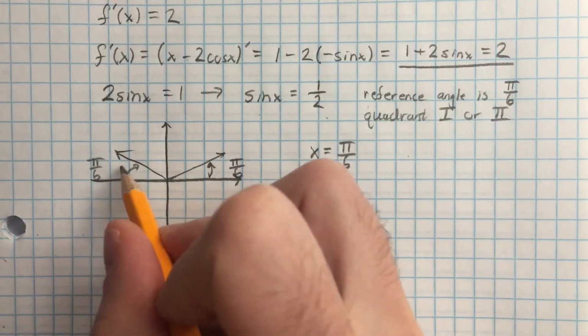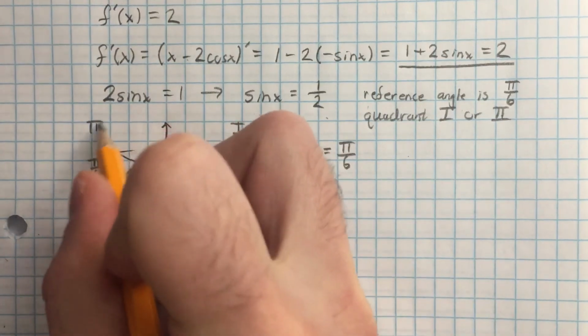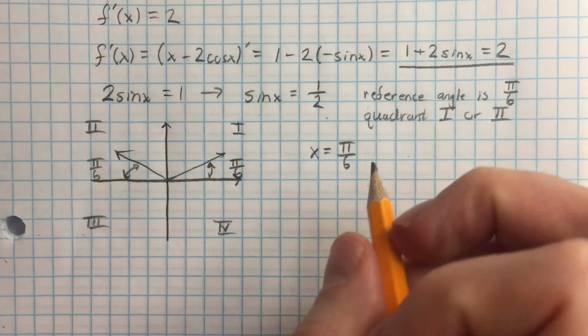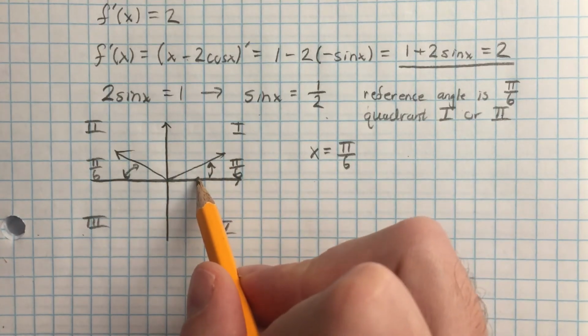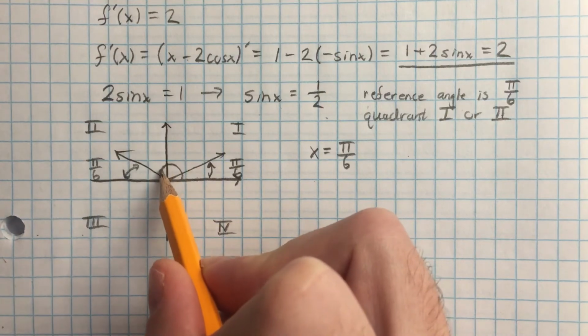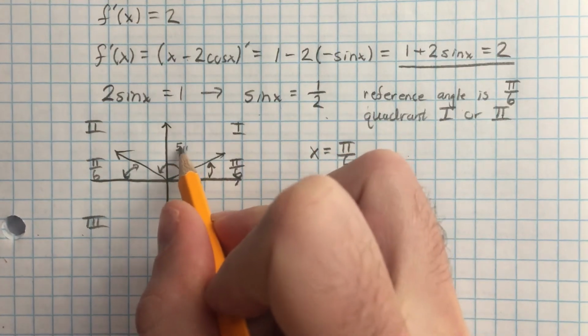But the pi on 6 reference angle in this quadrant, quadrant 2, right, is not actually the angle pi on 6. It's actually the angle 5 pi on 6, right? From here all the way over to here to the terminal side is really 5 pi on 6.